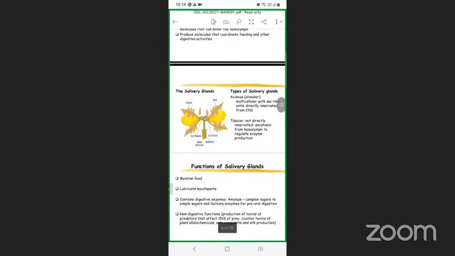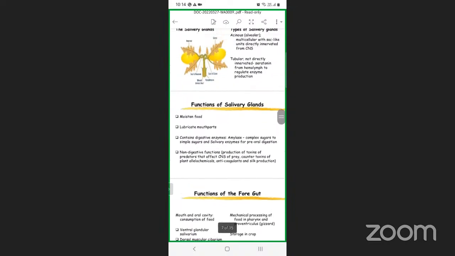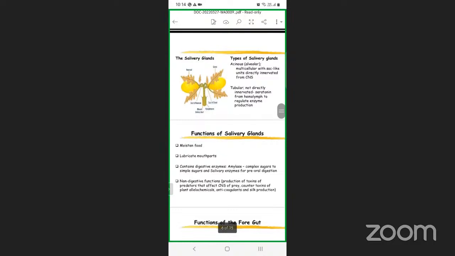And coming to this particular process, the first part is when the food enters into the mouth, where we also see the salivary glands. These salivary glands are of the acinus type and the tubular type.